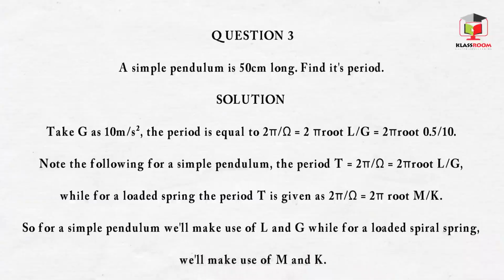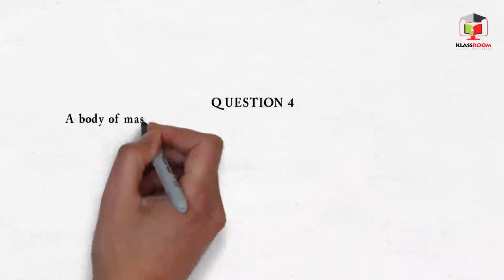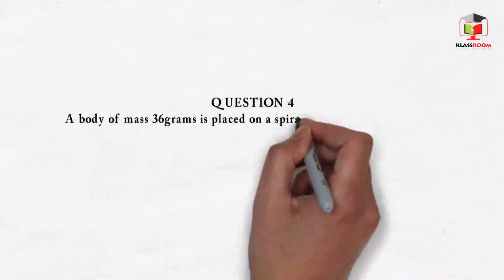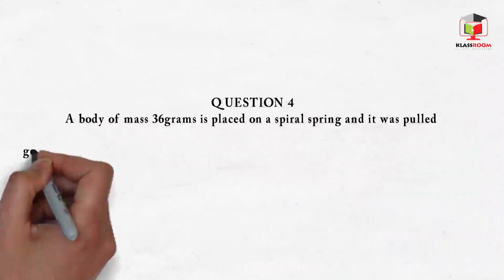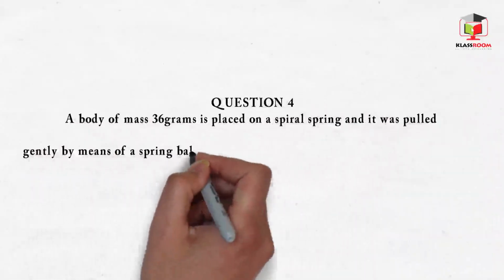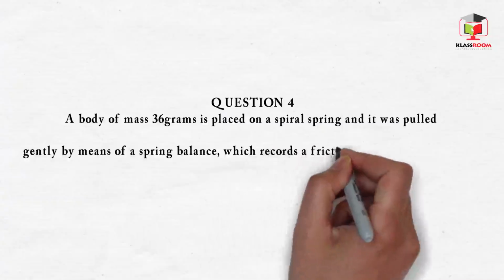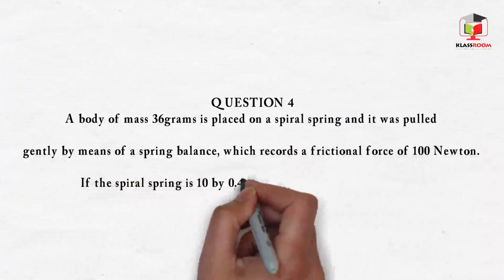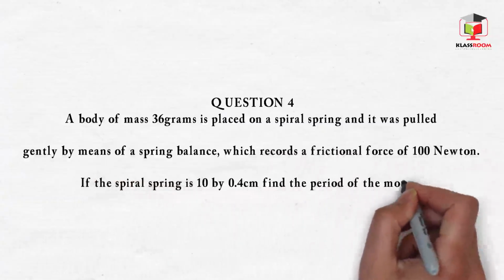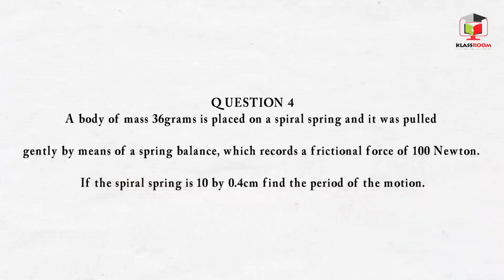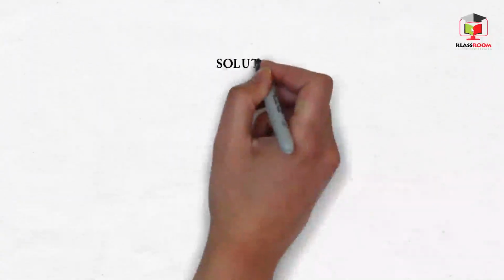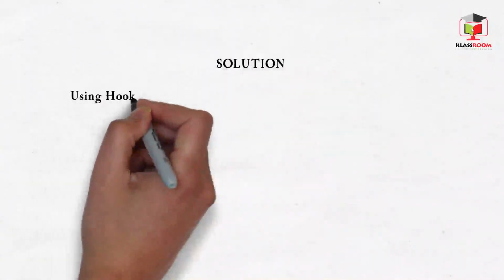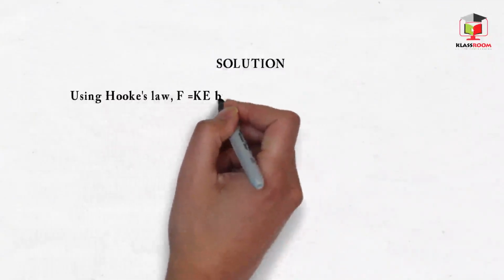Question 4. A body of mass 36 grams is placed on a spiral spring and it was pulled gently by means of a spring balance which records a force of 100 Newton. If the spiral spring is extended by 0.4 cm, find the period of the motion. Solution. Using Hooke's law, F equals k e, but m is equal to 36 grams, which is equal to 0.036 kilogram.